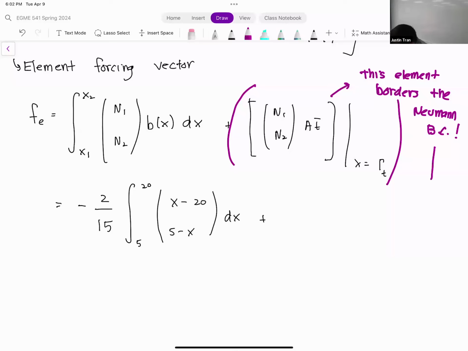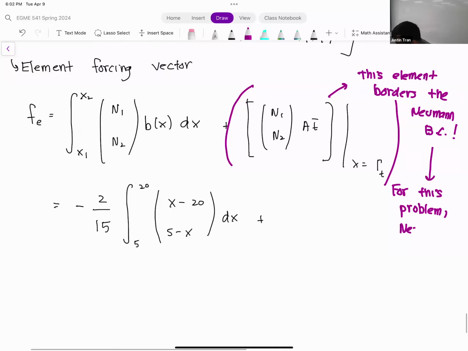And so for this particular element, the Neumann boundary is located at x equal to 20. So everything that we have in those brackets there, we're going to evaluate at x equal to 20. That includes the area function, which we know is going to vary, and that includes the shape functions as well.